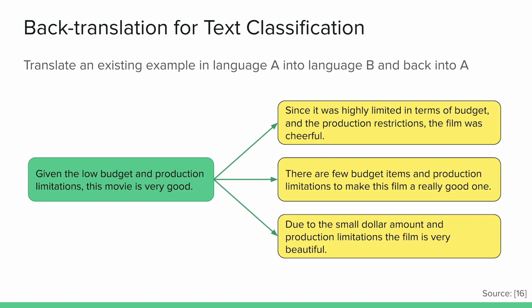You can even make use of some kind of errors that are being introduced when you translate sentences into another language. The idea would be that you perform back translation. You take an input, you translate it to another language and translate it back. And what you will get back is a slight variation of your input, because words can have many meanings, and it's not necessarily that you end up with the same input that you fed into the original translation.